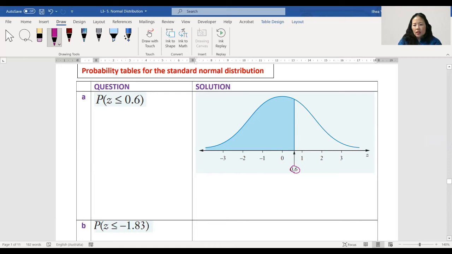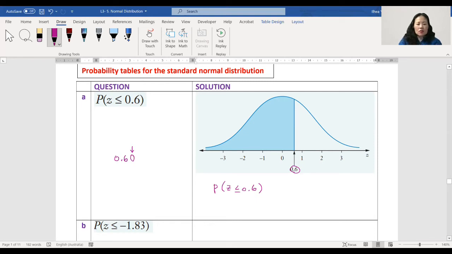Now when you're looking at the table for that, you're looking at 0.6 vertically going down, and then horizontally you're looking at 0 here, isn't it? Okay, so it's the first column, because it's 0.60.